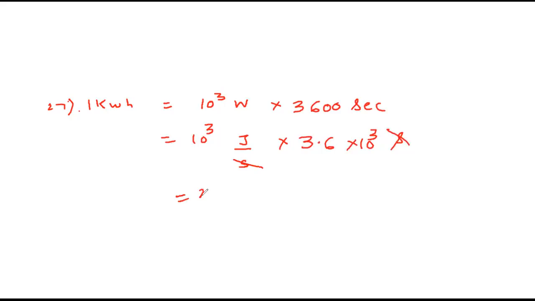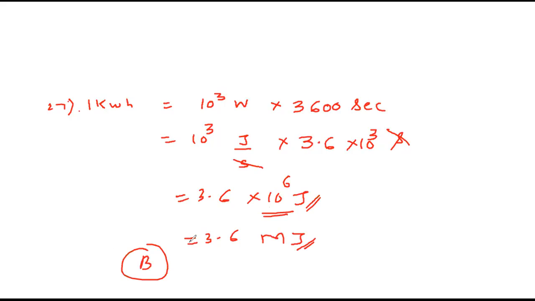So this is 3.6 into 10 raised to 6 joule. 10 raised to 6 is called million or mega. So it is 3.6 megajoules, option B.